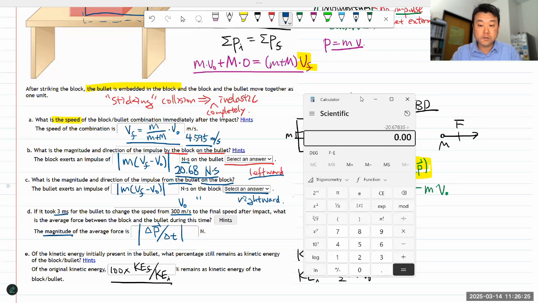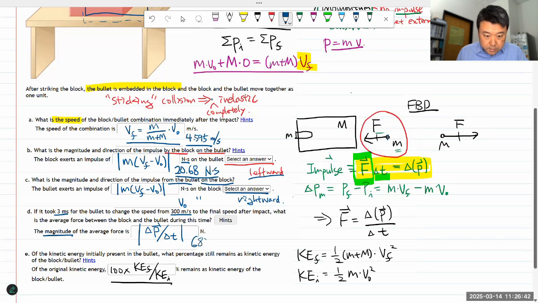And that should be a pretty large force. 6,890 Newton. I'm keeping only three significant figures because this is not going to be an intermediate number anywhere. So, all right, that's D.